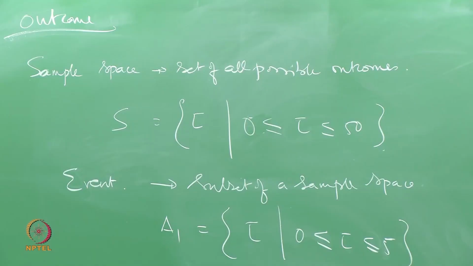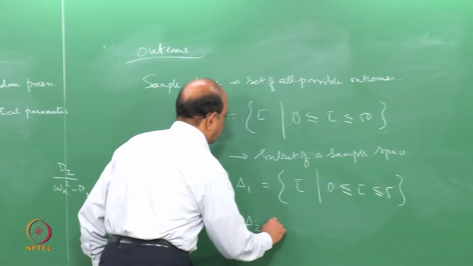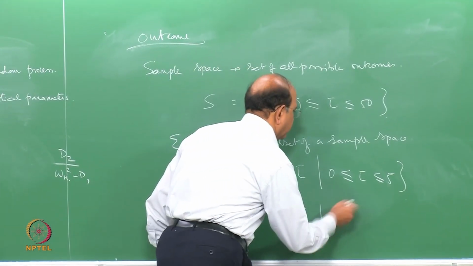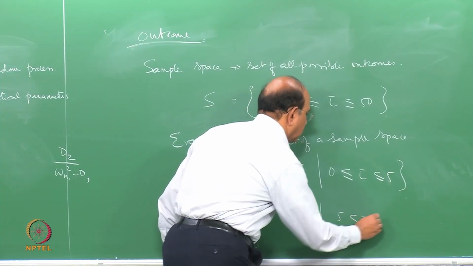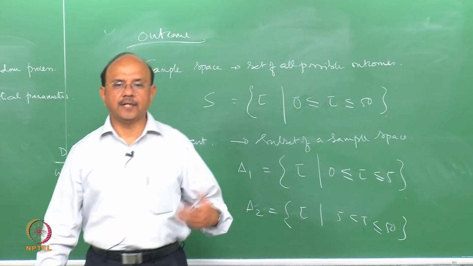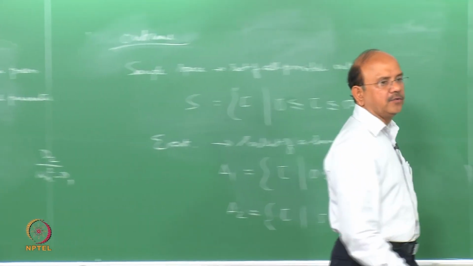So A1 is an event, all that which is within the first 5 minutes. I can define A2 to be tau greater than 5 and less than or equal to 50. So these are events. Or events can be defined continuously as tau itself.